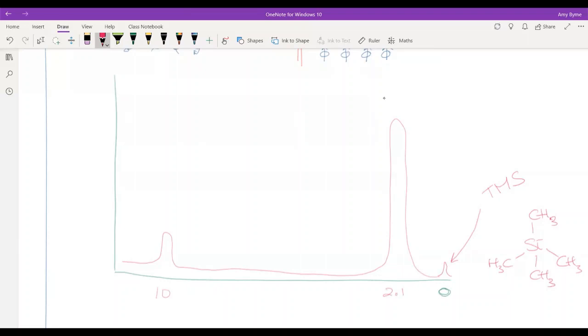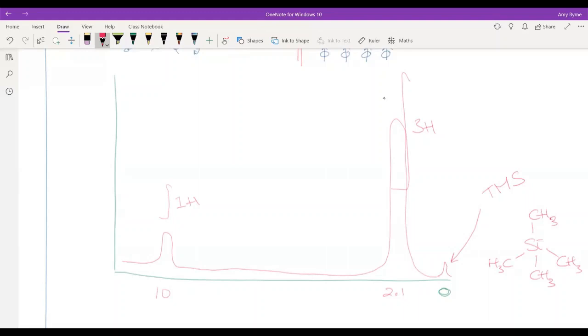One thing that these graphs will generally have at SL is what we call integration traces. So this is 1 hydrogen and this is 3 hydrogen. It's basically saying how many protons are in that environment. It's the area under the peak. That's why we call it an integration trace. Think about it in terms of the mathematical sense of integration.